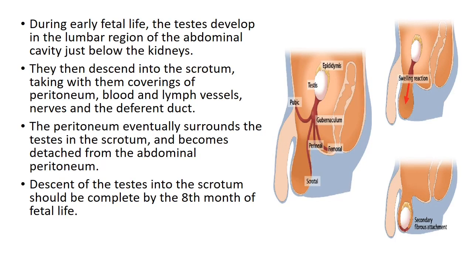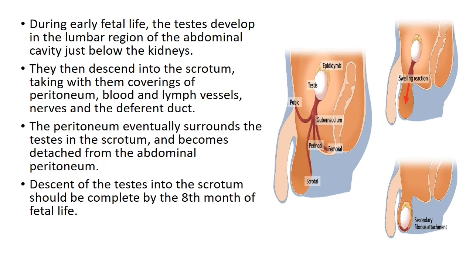Now, during early fetal life, the testes develop in the lumbar region of the abdominal cavity, just below the kidneys. When the baby is in the uterus, during early fetal life, the testis develops there, as you can see in the figure.